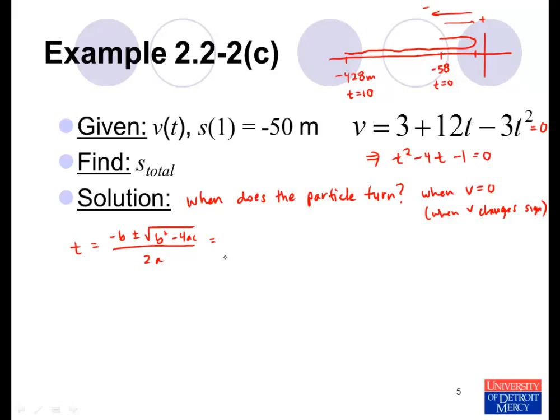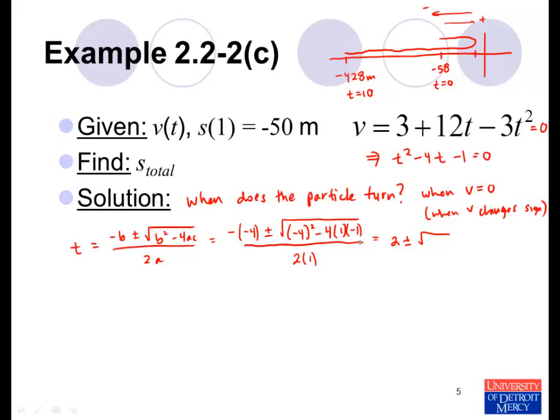So substituting in, negative b is 4, plus or minus the square root of b squared minus 4 times a times c, divided by 2 times a. And so out here we have a negative and a negative, that becomes positive. So 4 divided by 2 is 2, plus or minus the square root of -4 squared, which is 16.